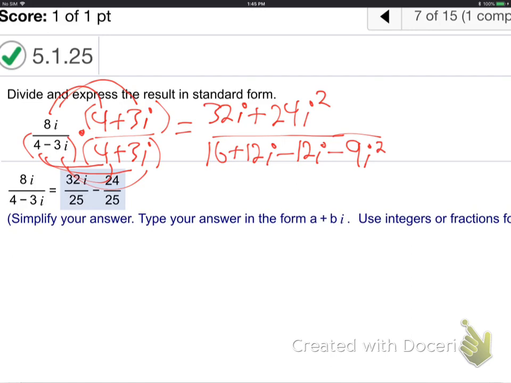Get to there? So far, so good. Now on the bottom, we're going to cancel these out, aren't we? Plus 12i minus 12i, they cancel out. That's why we did the opposite sign, so that would happen.